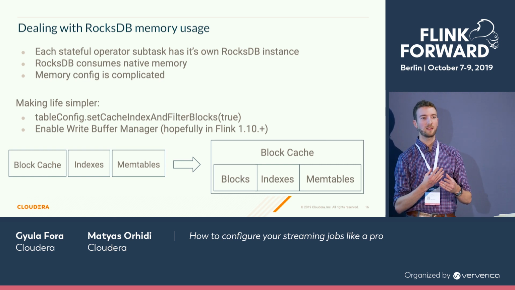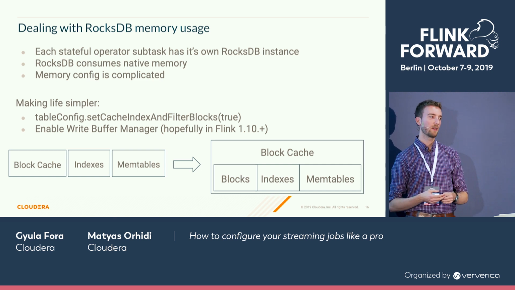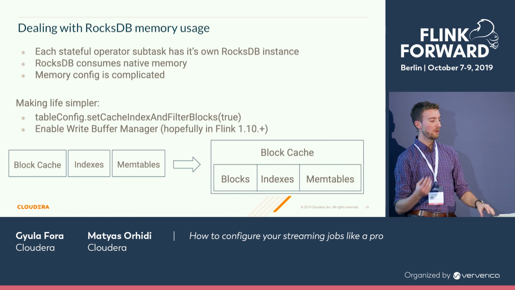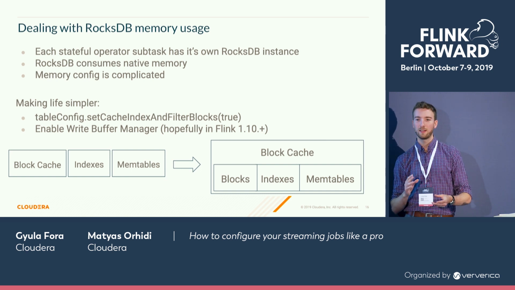So basically, now with the write buffer manager, we complete the picture and can control the memory usage of RocksDB by controlling the size of the block cache. There's still some tuning remaining here for performance, but at least we have a good grasp on the memory usage. The write buffer manager is not yet available in Flink.